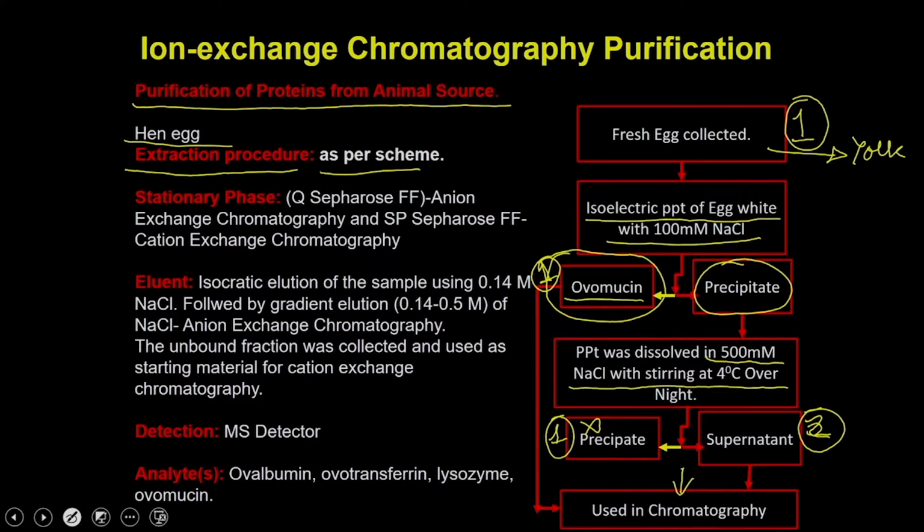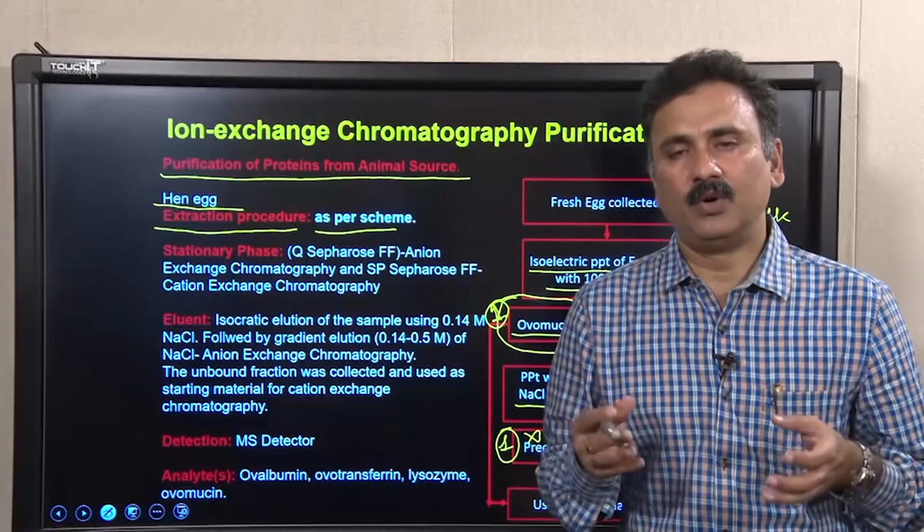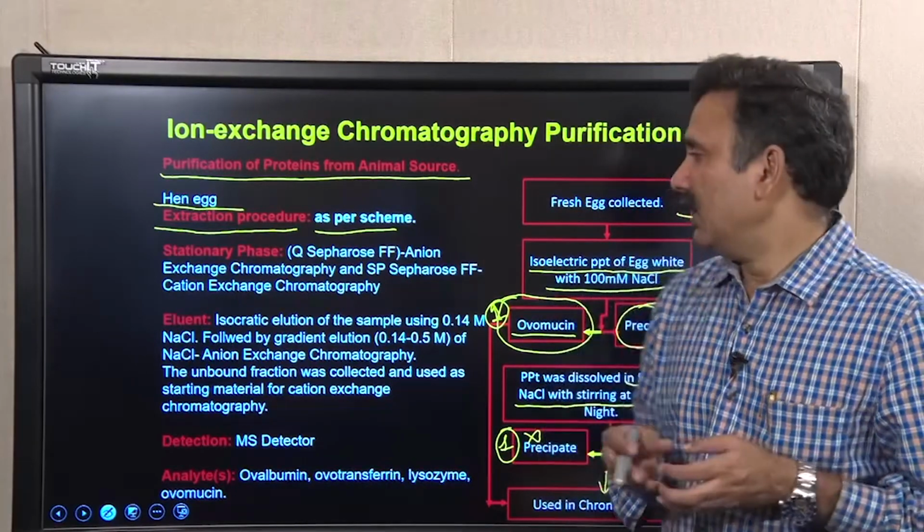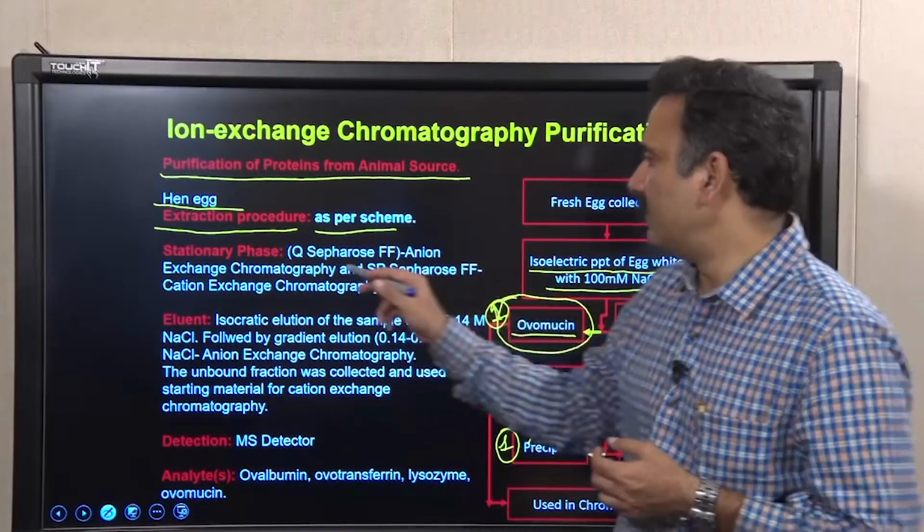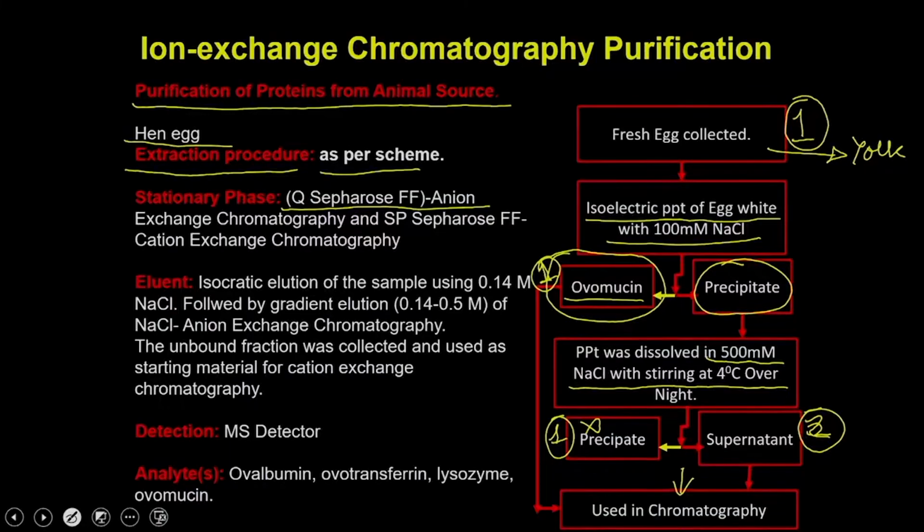For the chromatography, because we have to fractionate all the proteins present in the egg white, we are using two columns. One is the Q-Sepharose fast flow, which is the anion exchange chromatography column, and the other is the SP-Sepharose fast flow, which is a cation exchange chromatography.